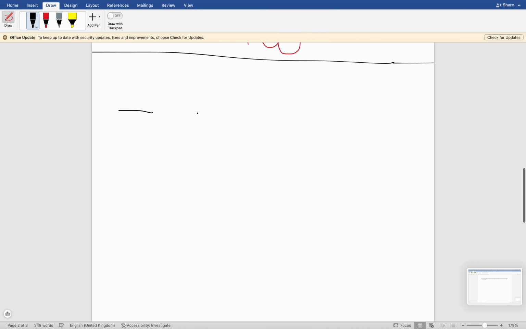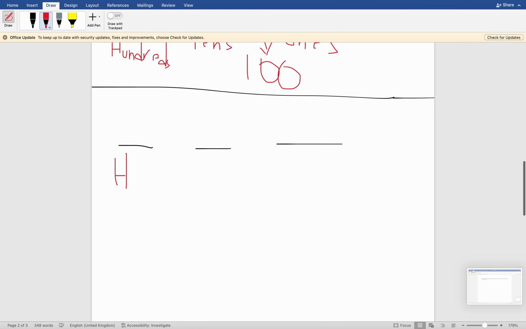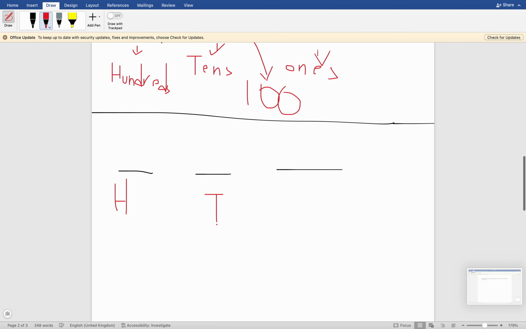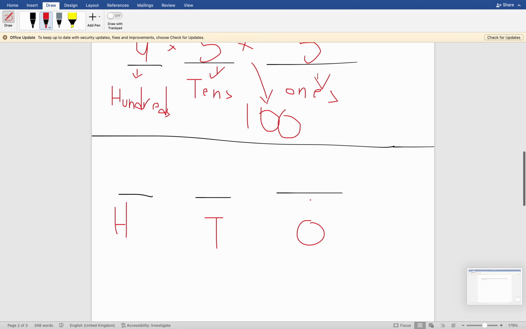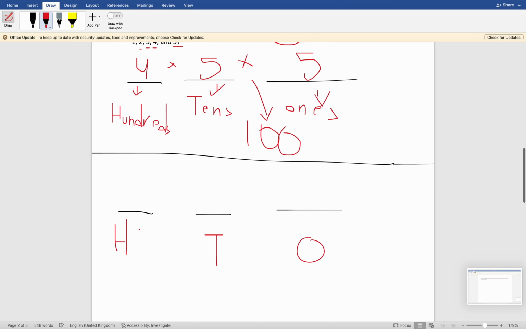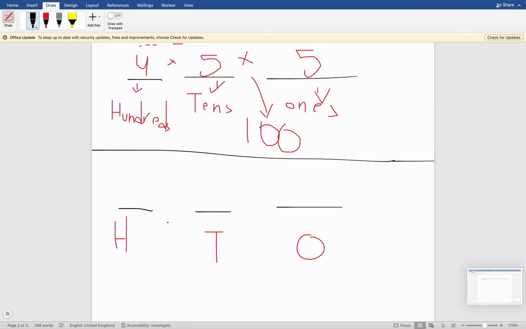So for the hundreds slot, we still use the four choices.